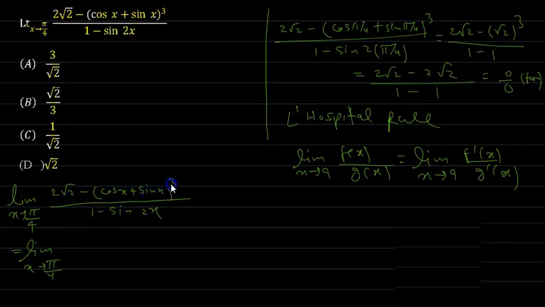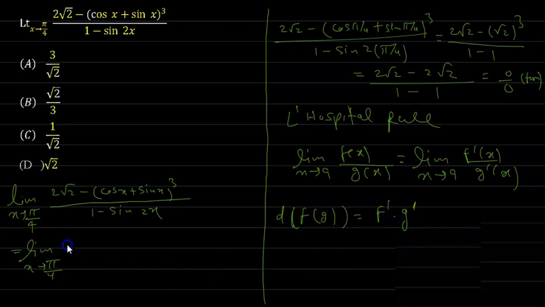Differentiate cos x plus sin x whole cube. Apply chain rule, and chain rule is derivative of f of g is equal to derivative of f, that is f dash, multiplied by derivative of g, that is g dash.